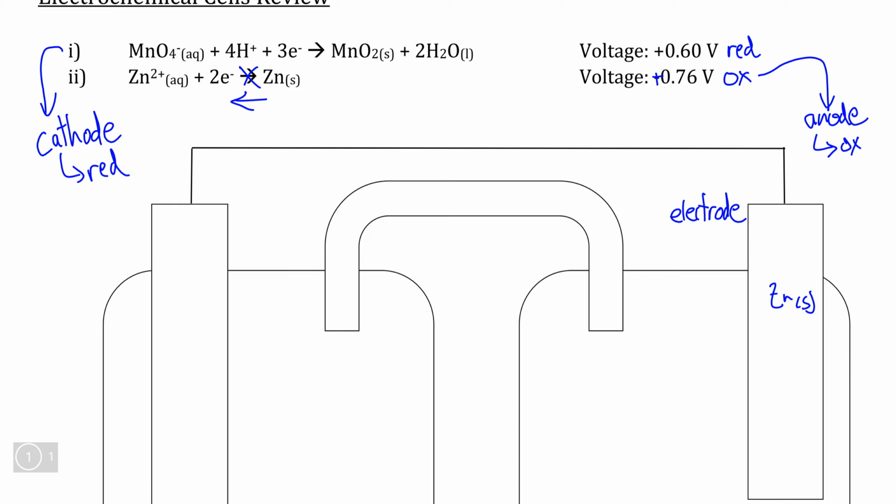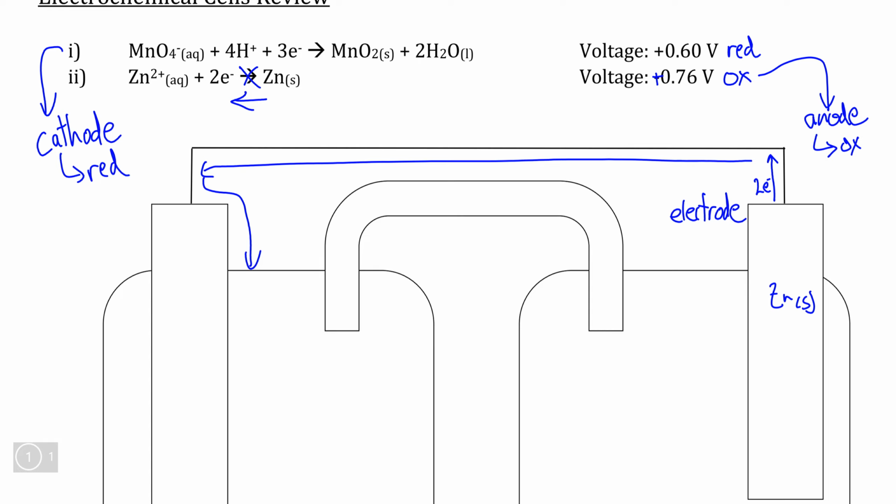Now, when zinc is oxidized, it is going to lose 2 electrons, which then flow away from the electrode in the anode through the connecting wire and eventually are going to end up at the cathode.